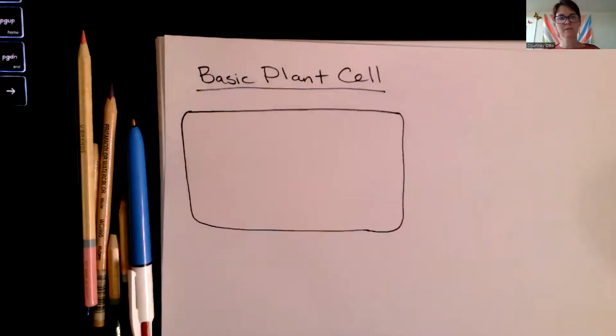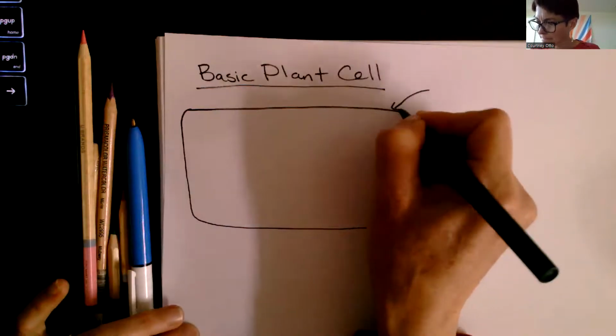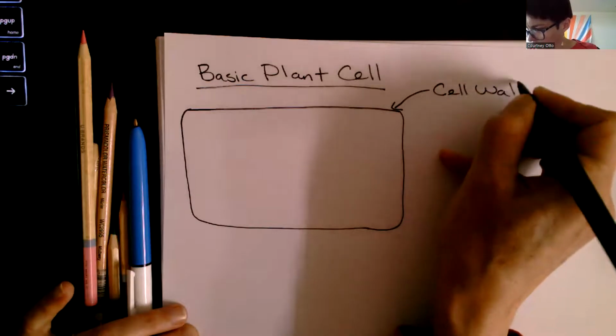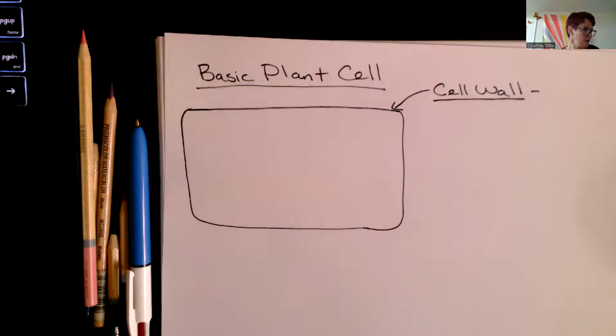What's on the outside of our plant cells is going to be the cell wall. And the cell wall is going to be this relatively rigid structure made out of cellulose.